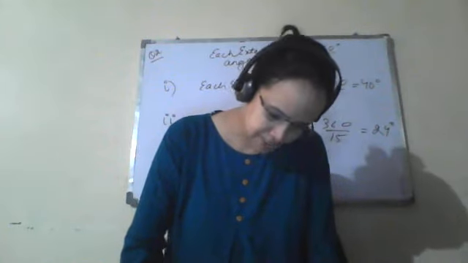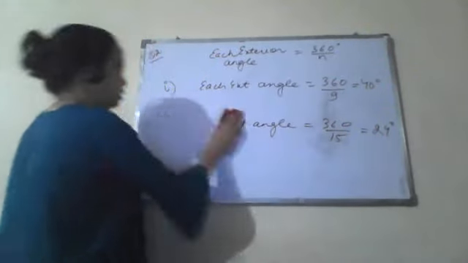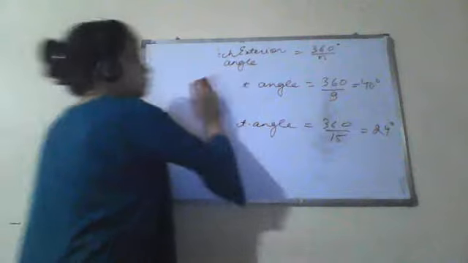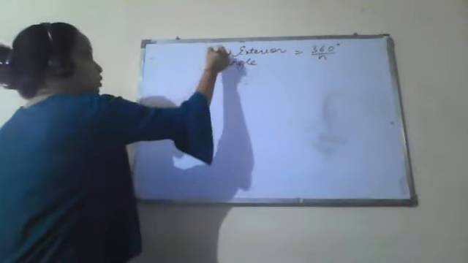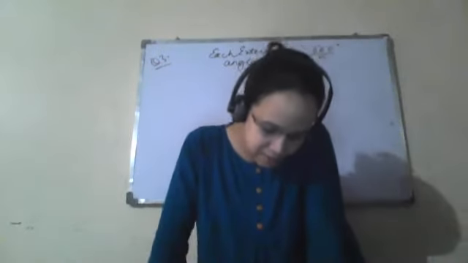Now the third question: how many sides does a regular polygon have if the measure of each exterior angle is 24 degree?